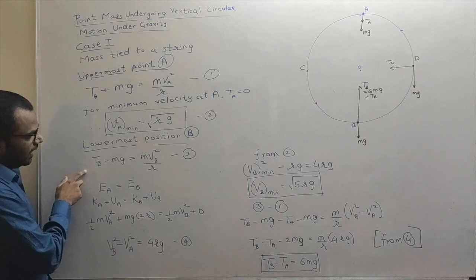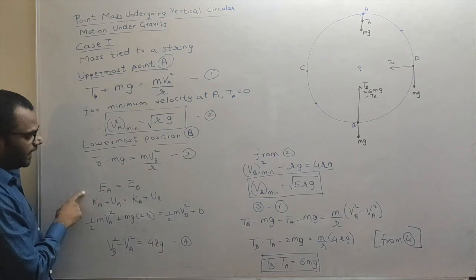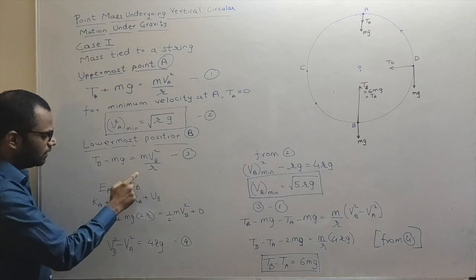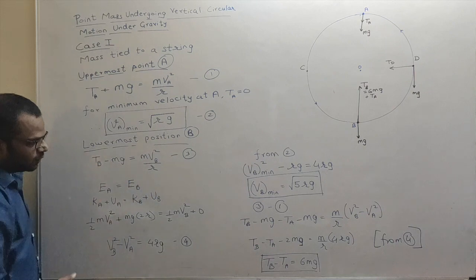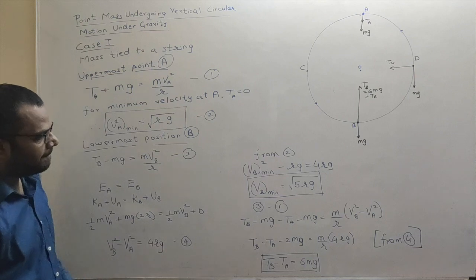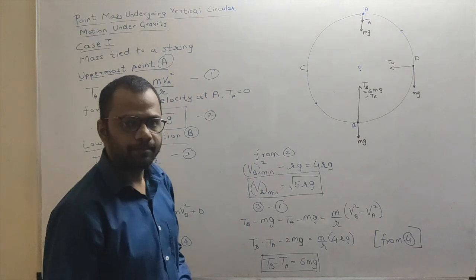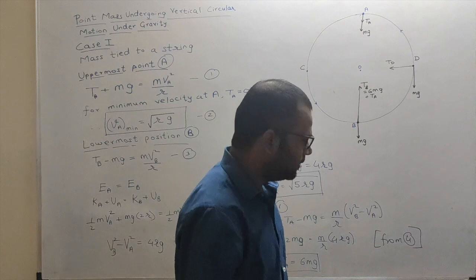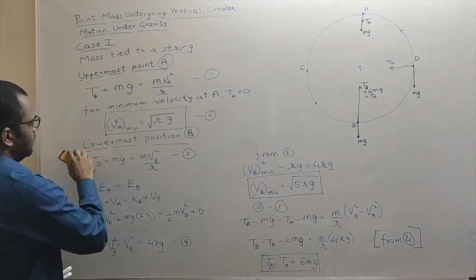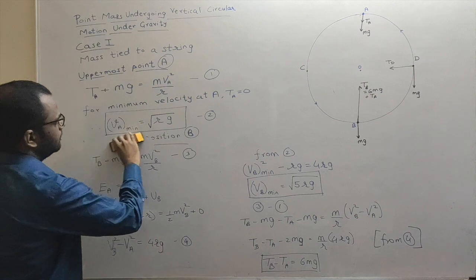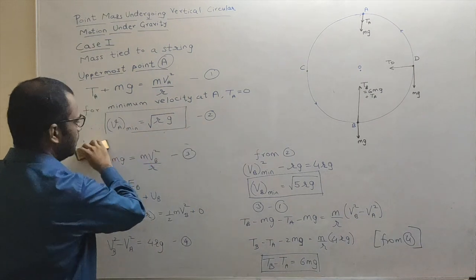Then after this point you mention the total energy at A is equal to the total energy at B. Then afterwards you can write down these things and up till here. Okay? So once you finish this, write down the midpoint. We'll talk about the midpoint now.